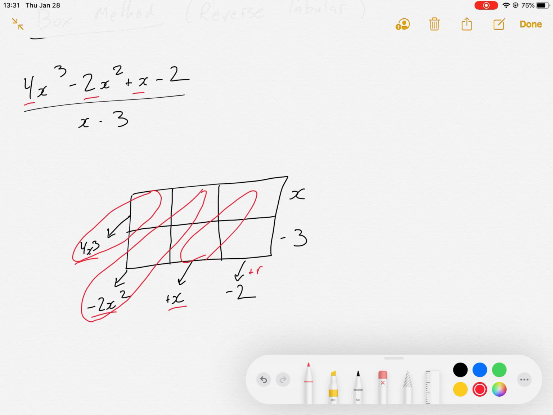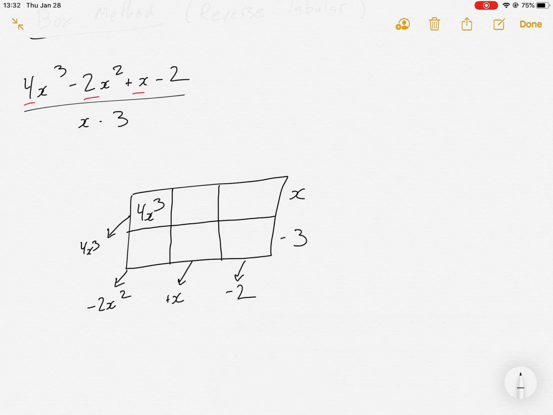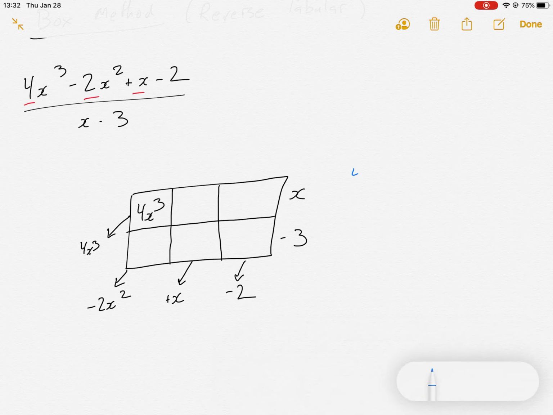So in order to get 4x cubed, let me go ahead and erase that. In order to get 4x cubed, this box has to be 4x cubed because nothing is being added to it. And so then what you do is you take what's in the box and divide it by that x over there. So 4x cubed divided by x gives me 4x squared. And that comes up here along the side.